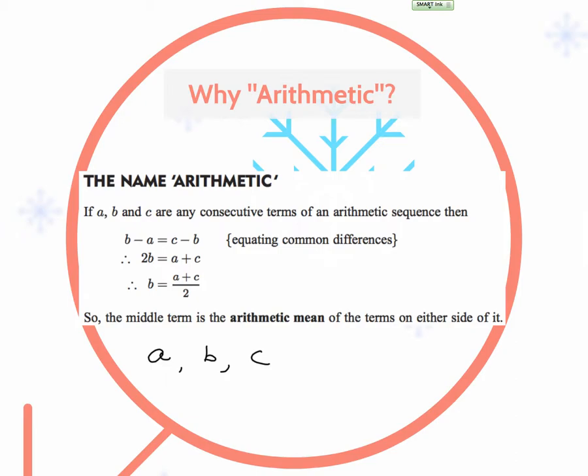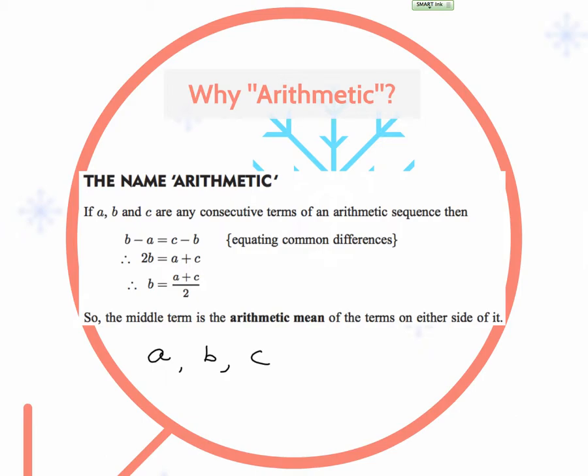So if we set those equal to each other, because they're going to be equal, we're going to use that equating common differences on at least one type of problem later. And we kind of bring everything together. If I bring my B's over to the one side and bring my A over to the right, I end up with B equaling A plus C divided by 2. Well, that's the arithmetic mean, or the average. You guys remember taking the average of something? You add up all the pieces and you divide by how many?